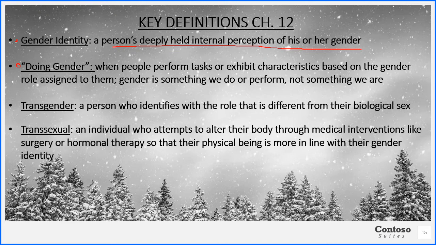So if you're a little boy, you scraped your knee, you're 4 years old and you start crying, and say your mom or your dad comes out and says, "Stop crying, you're a man, you're not a little girl," and then he stops crying and sucks it up and walks away. That's an example of doing gender. So in essence, gender is something we do, we perform, and not something that we are.